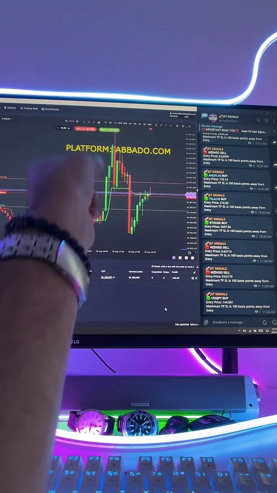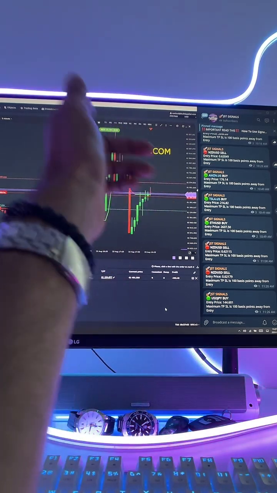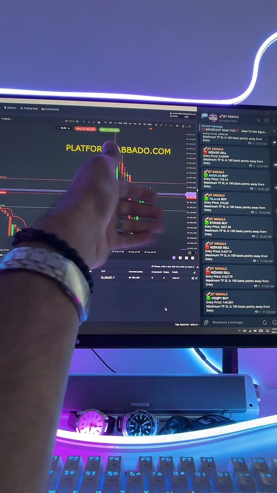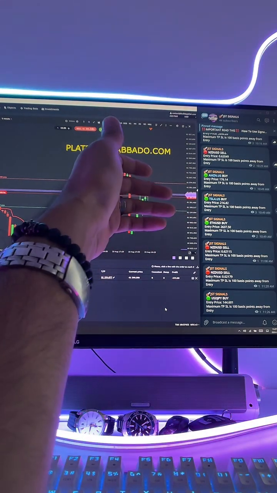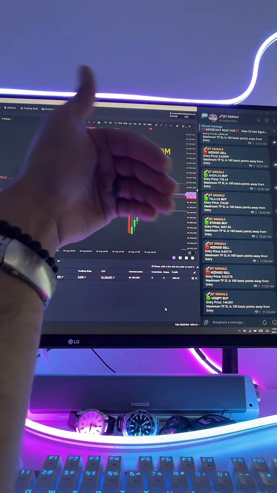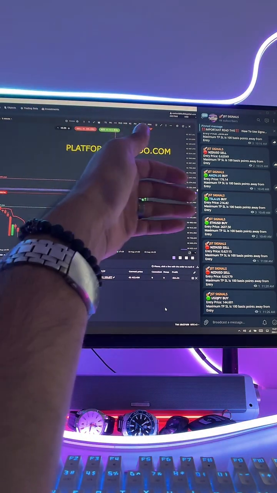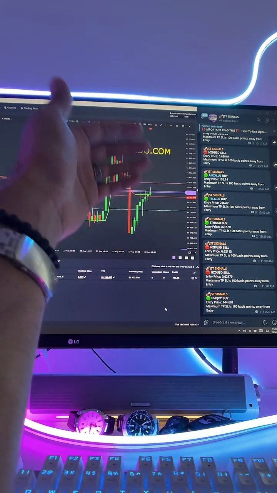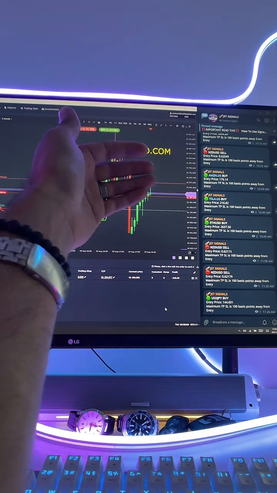it's okay to have wins and losses, because at the end of the day, there's no strategy that's going to be 100%. A lot of people might say, oh, you lost that trade. But guess what? It's normal. It's okay. As long as mentally you're prepared for that, and you understand that it's impossible to win every single trade, then you'll be able to go into trading with a clean mindset.